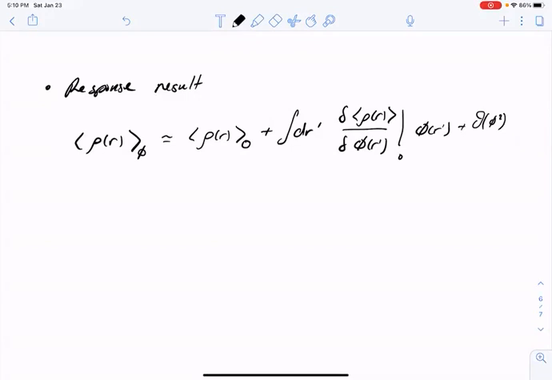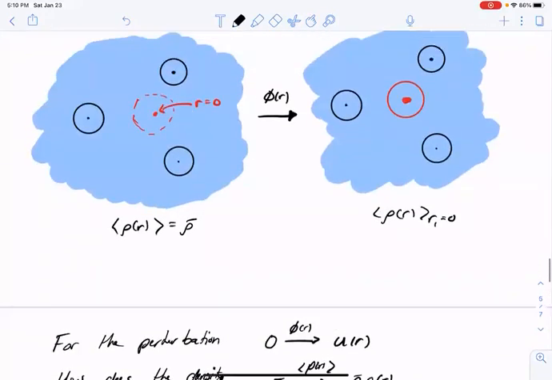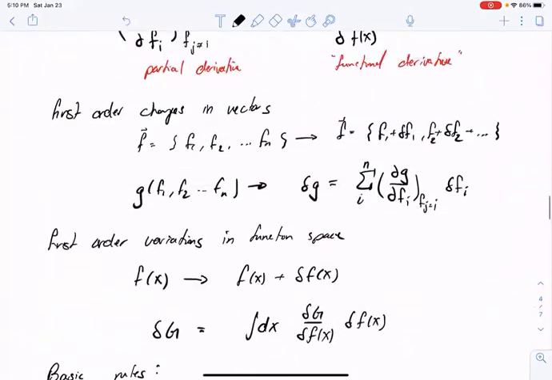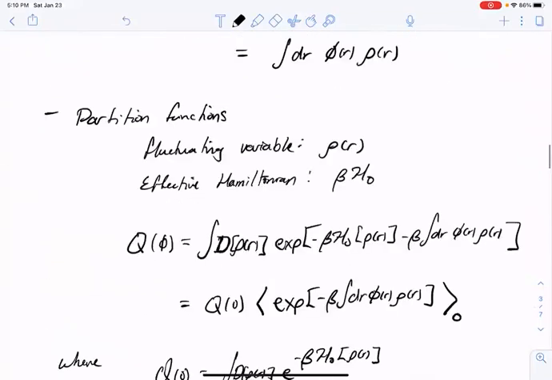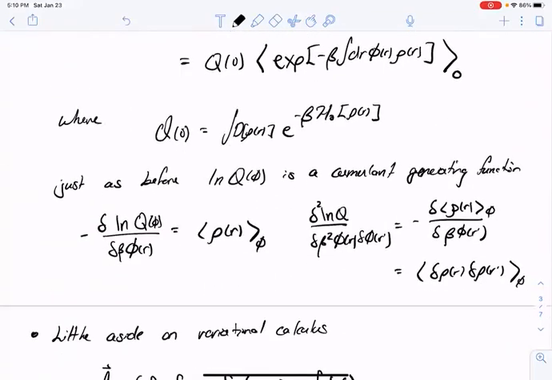We have the reference density as the first term, and the functional derivative of the density with respect to the applied field times the field integrated over all points, which we worked out at the beginning when we were discussing the density field statistics and noting the cumulant generating function structure.